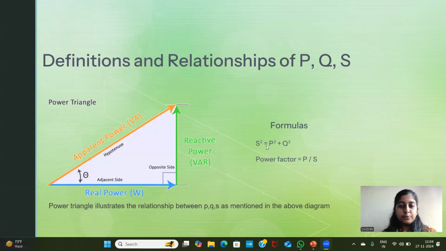Now, to know the relation between P, Q, and S, we need to know about the power triangle. Power triangle is a graphical representation of the relationship between the true power, reactive power and apparent power.